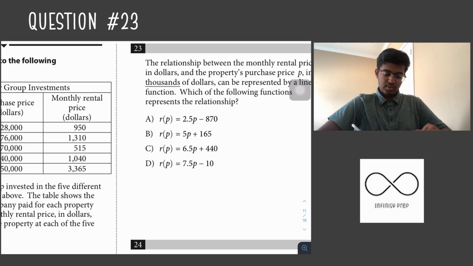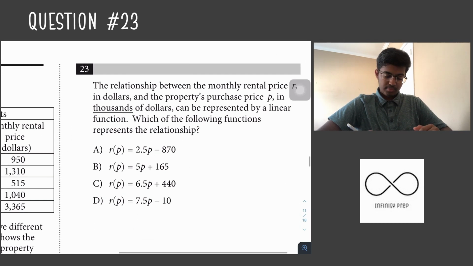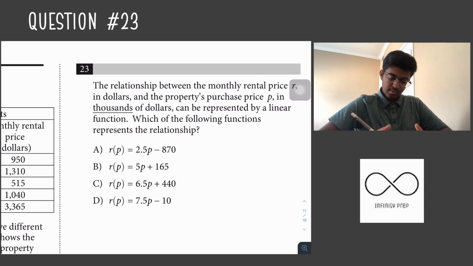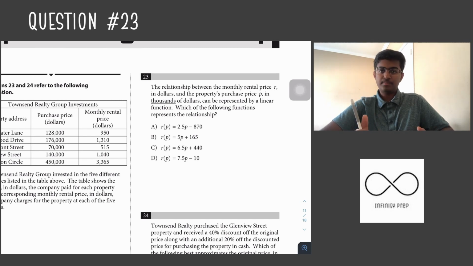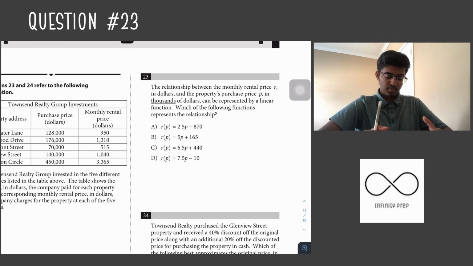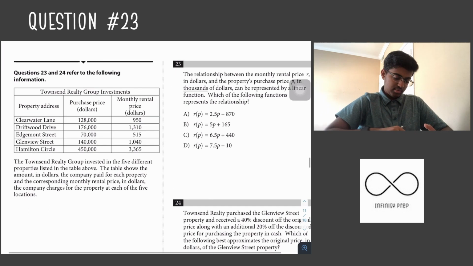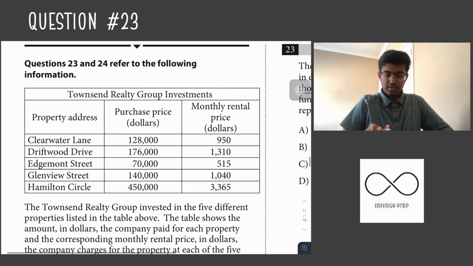Now, the phrase that's underlined here is thousands of dollars. It says property's purchase price P in thousands of dollars. This means that whatever value we plug into P has to be multiplied by 1,000 to get the actual price. So let's take the purchase price for Clearwater Lane.